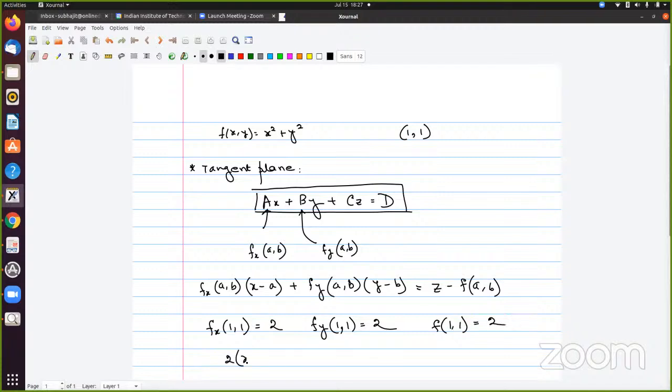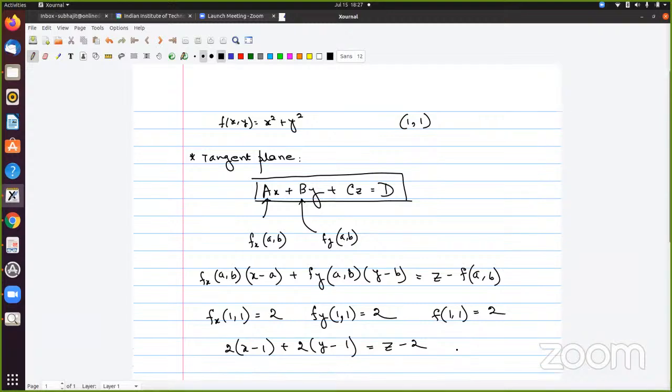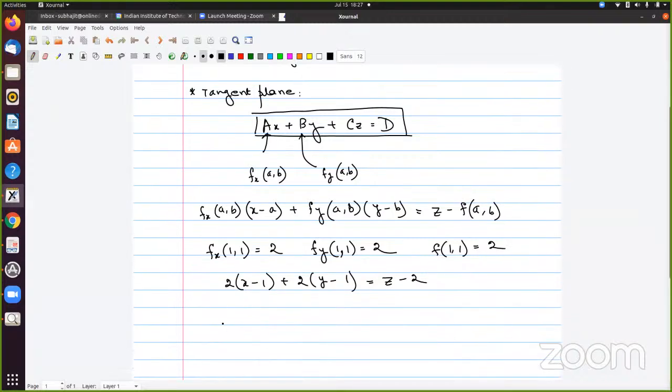So it is 2(x minus 1) plus 2(y minus 1) minus (z minus 2). So I am getting 2x minus 2 plus 2y minus 2 minus z plus 2. So eventually I am getting 2x plus 2y minus z equals 2. Correct? This is what we got.